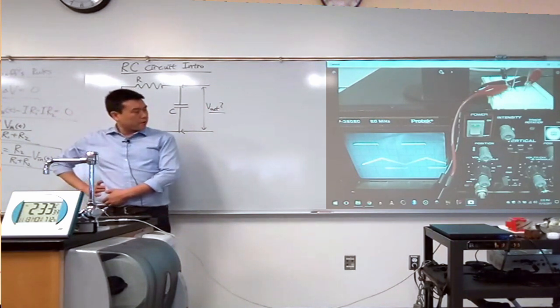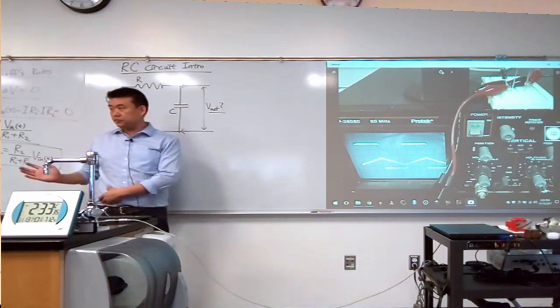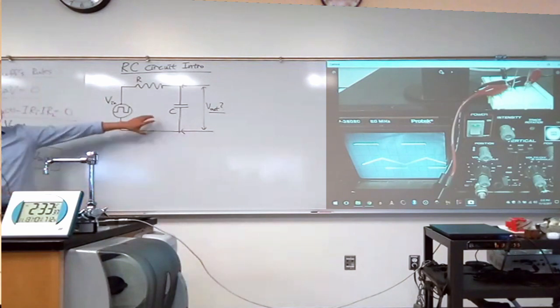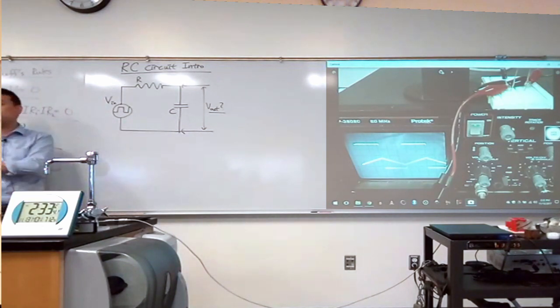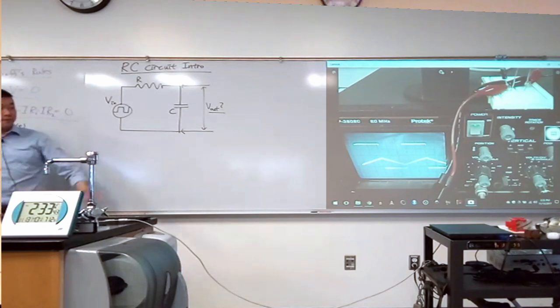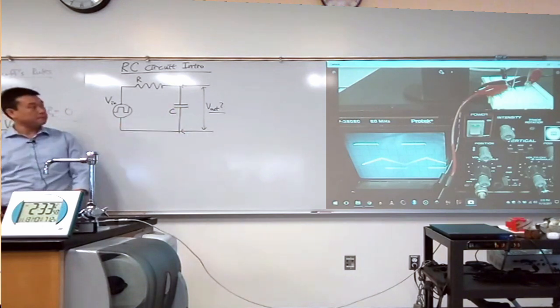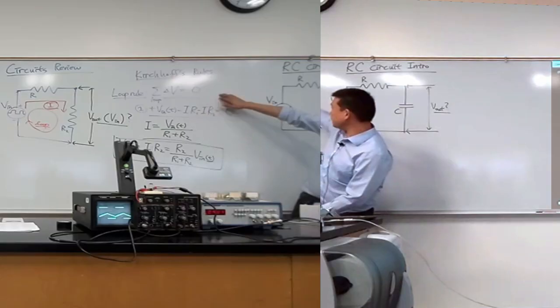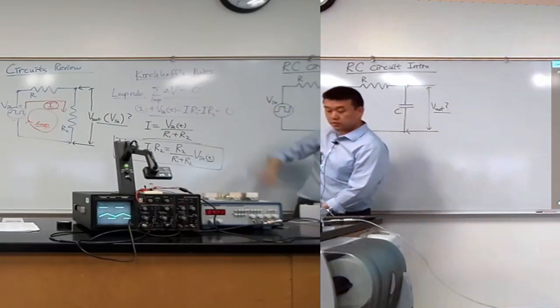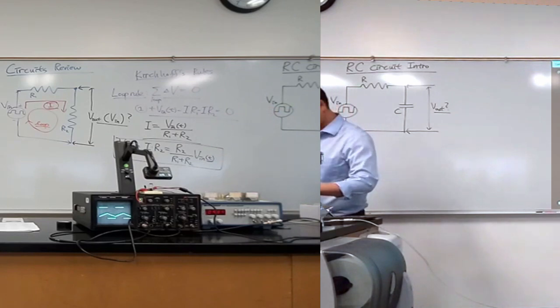It might be worthwhile to take the time to write down the equation that governs this, and then we'll see if we can figure out what we can do to make the signal for V out bigger. Okay, so I'm going to follow this exact same approach we took before. So we are using Kirchhoff's rules again.